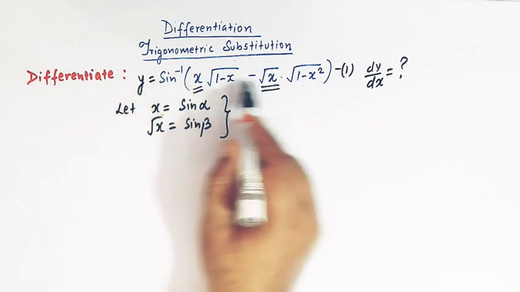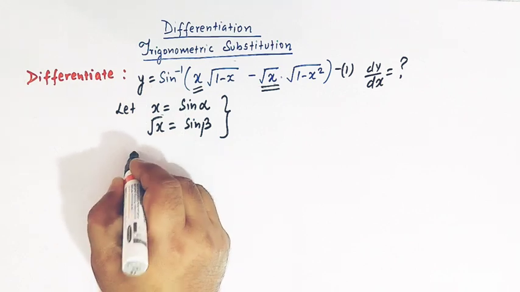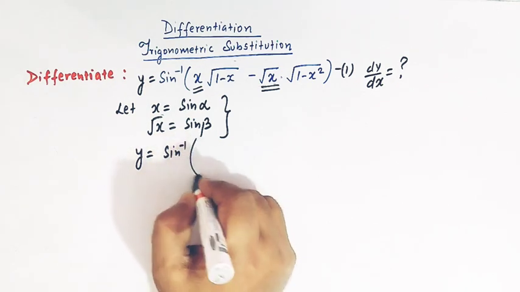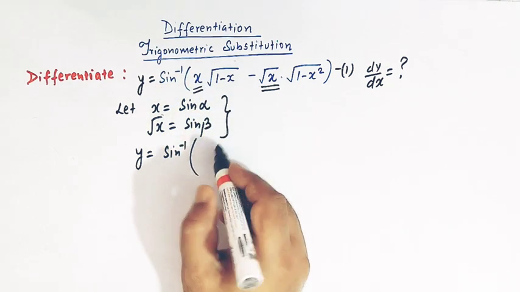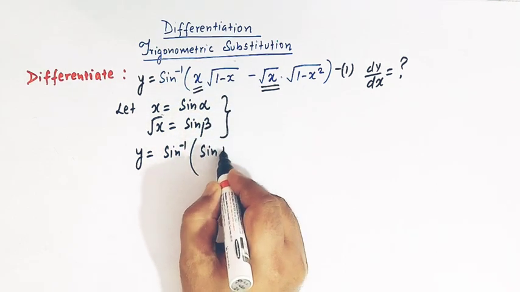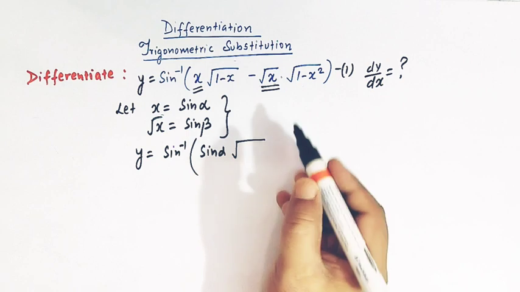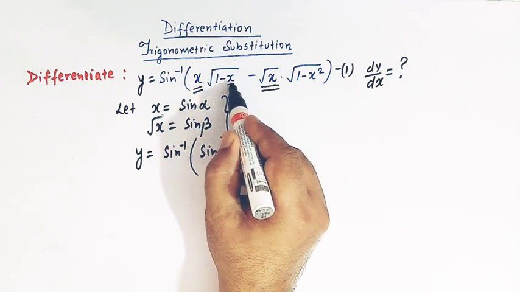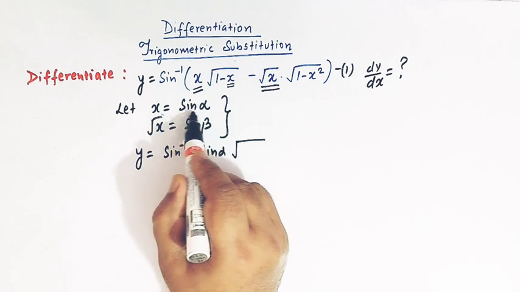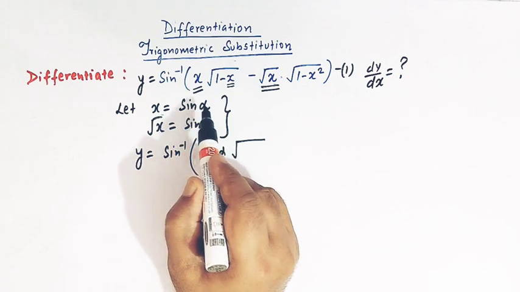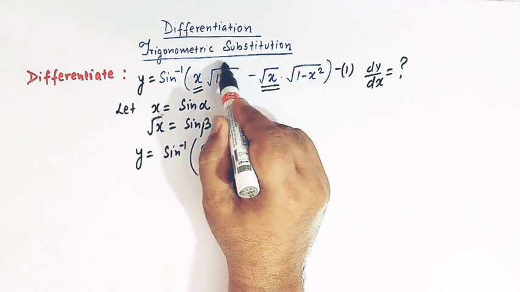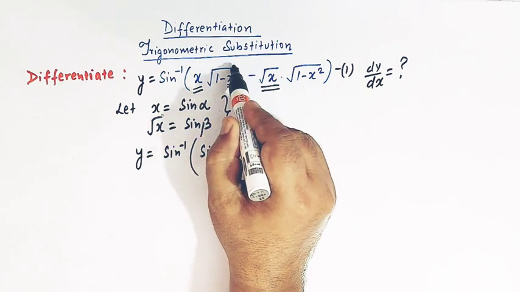So now this function becomes y is equal to sine inverse, and see, for this x we can now write sine alpha, right? And here we have square root of 1 minus x, right? So here we are not going to substitute sine alpha. Why? Because see, we have to neutralize this square root sign, right?